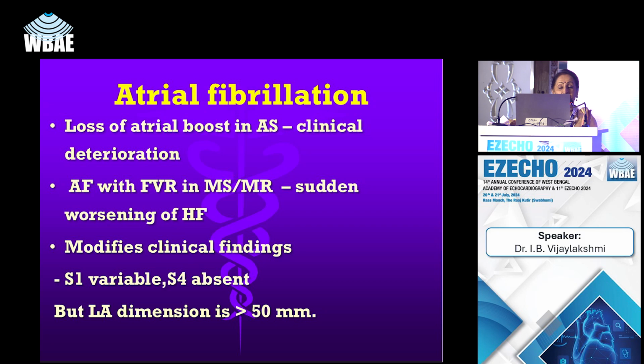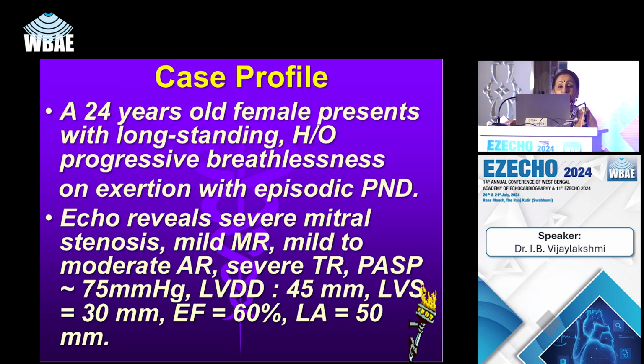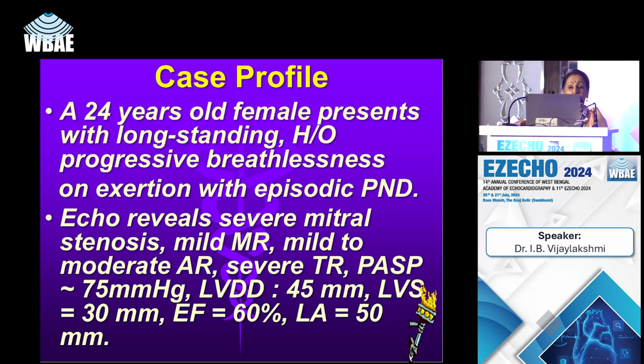Coming to our case, here is a 24-year-old lady who presents with a long-standing history of progressive breathlessness. The grade of breathlessness is not mentioned now. On exertion and episodic paroxysmal nocturnal dyspnea, so that means it is a significant mitral valve disease.